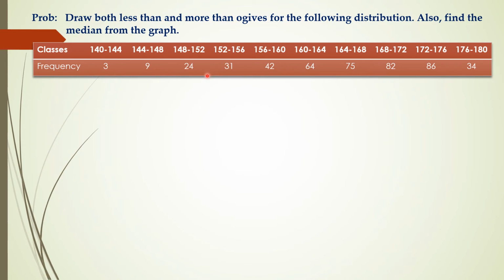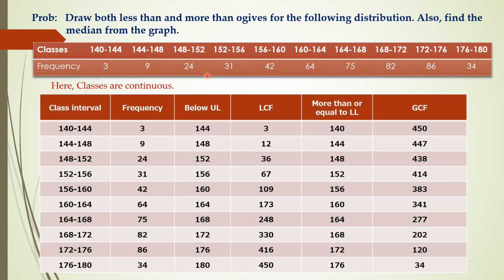Before constructing cumulative frequency distributions, we have to make sure the classes are continuous. Here the classes are continuous. Now let us prepare a combined cumulative frequency distribution for the data, which includes both the less than and the more than cumulative frequency distribution. It will be like this, which includes 6 columns: class intervals and frequency, which are common in LCFD and GCFD.